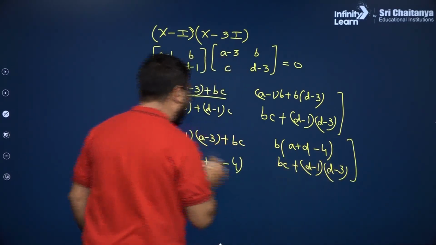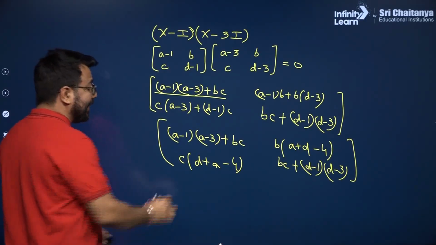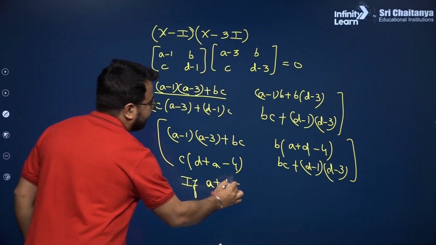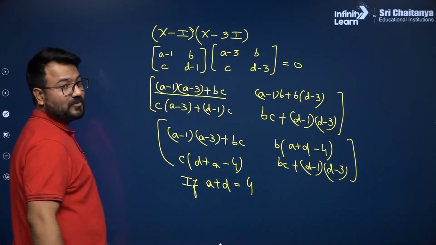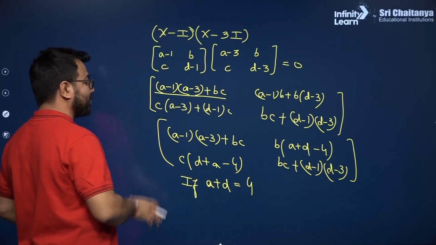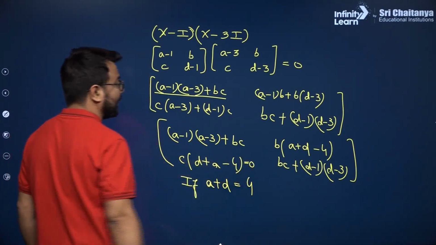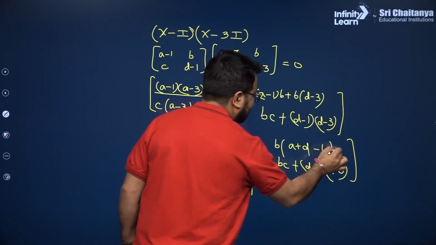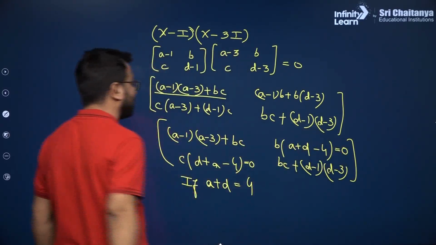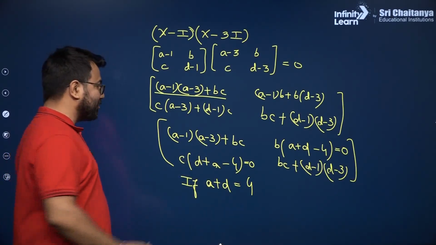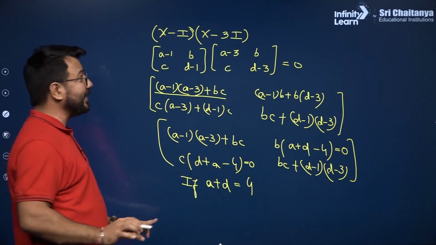So basically what you can observe from here, if A plus D is equal to 4, then this term will be converted to 0, and this term will also be converted to 0. So the two terms here are converting to 0.